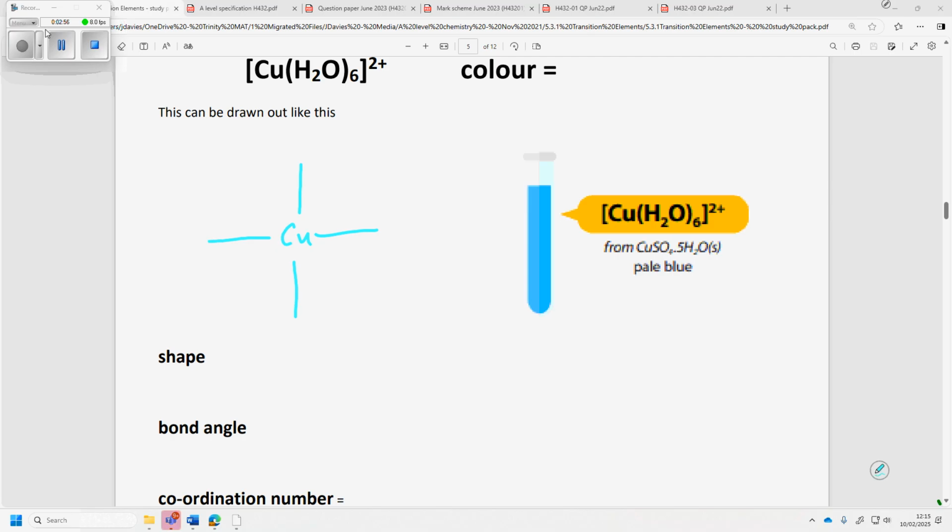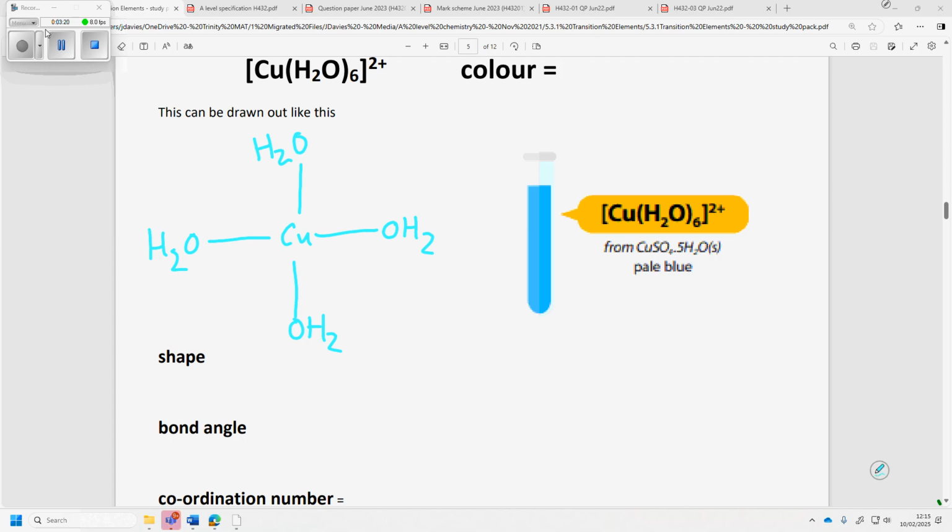water molecules. I'm going to draw 4 of them flat on the board going to the points of the compass. It's important that we draw our ligands, our water molecules, so that the oxygen, it's the oxygen that's got the lone pair of electrons.